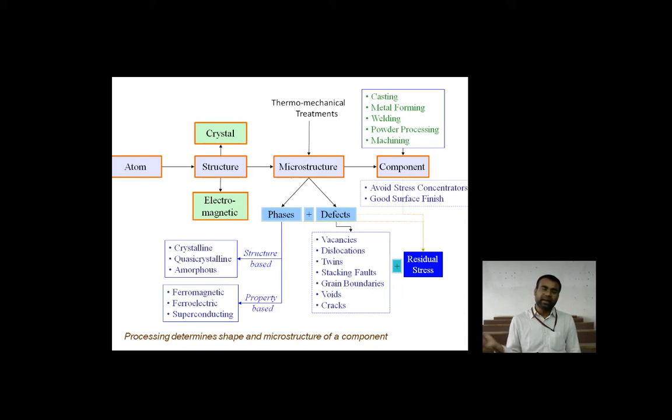Then we hammer on it, and it takes the shape because of the hammer. That is how they start to solidify, take their place, and that is how those components are made.